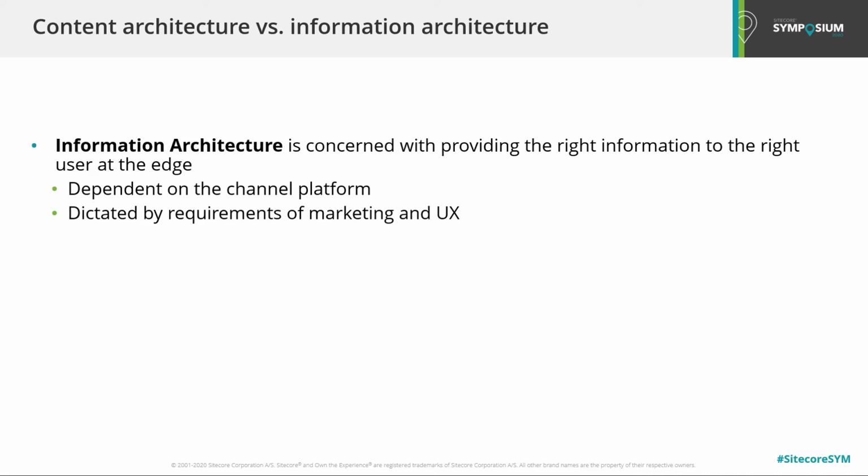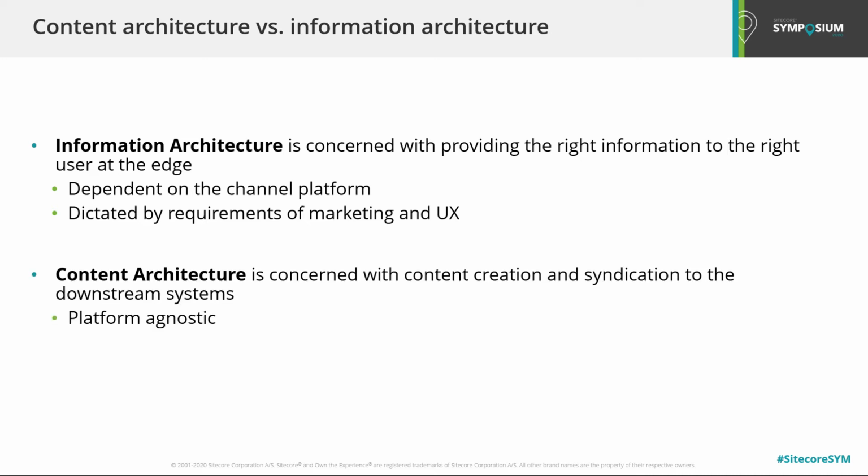In other words, information architecture will be different for each individual distribution channel. While content architecture is more of a back office or middle office task that's concerned with creating content in a channel agnostic manner and then would integrate with channels for content distribution.